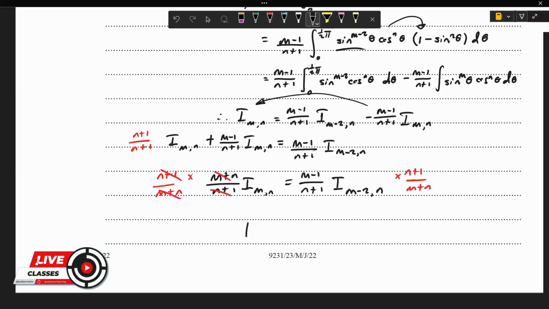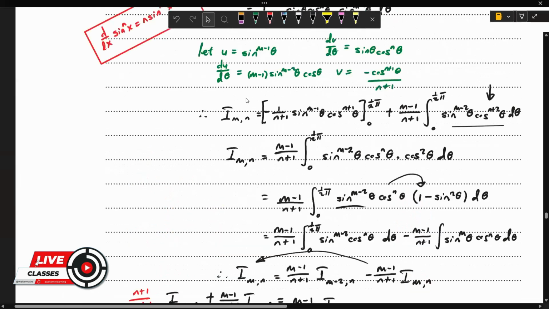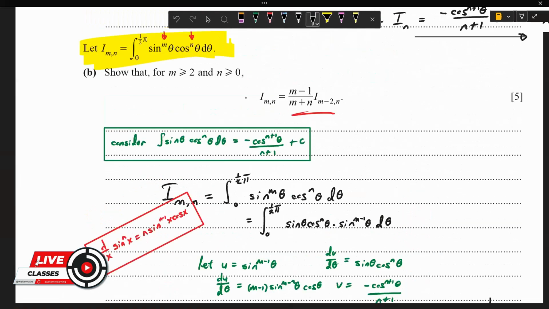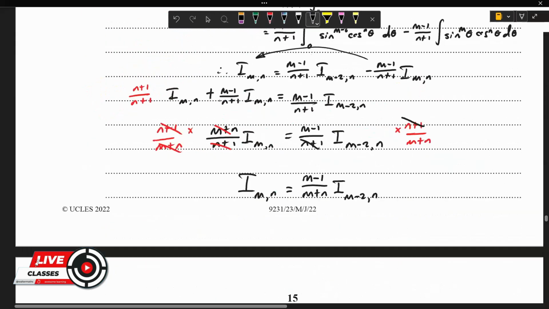And now we are left with I sub m n being equal to m minus 1 over m plus n of I sub m minus 2 and n. Now, what we have here is exactly what they want us to prove. It's actually this, all right? So I'll say here, shown. And that's basically how we do it.